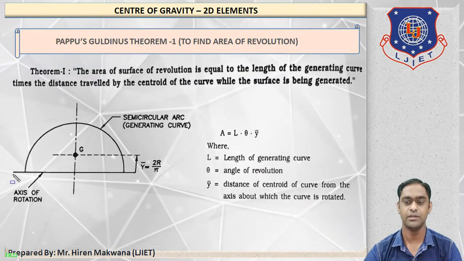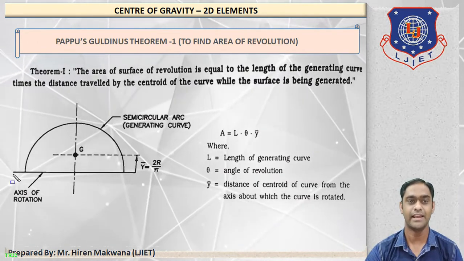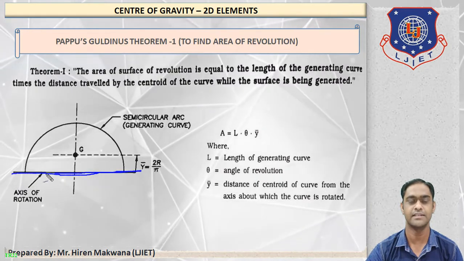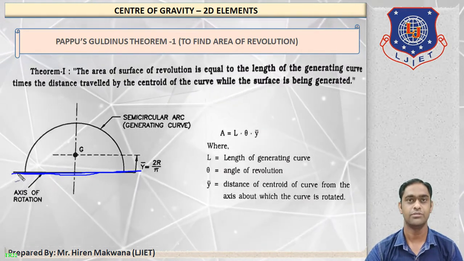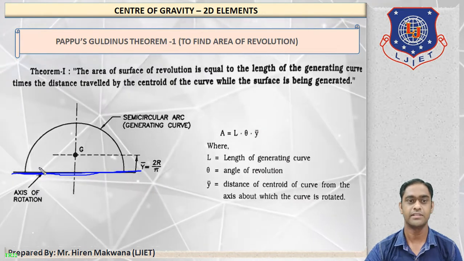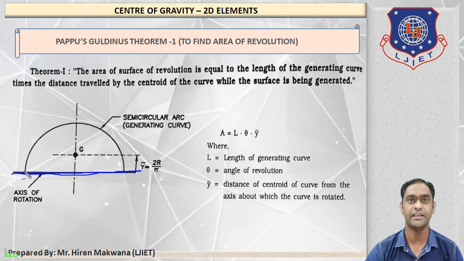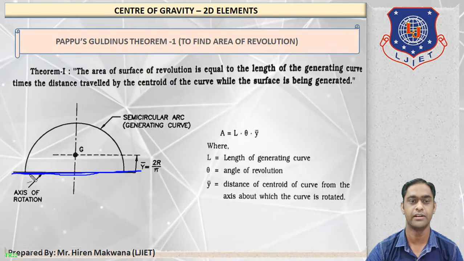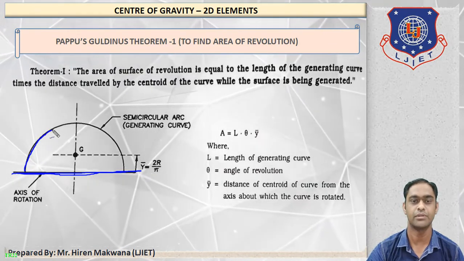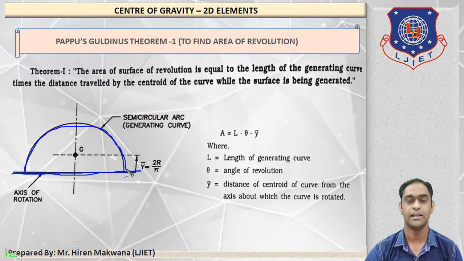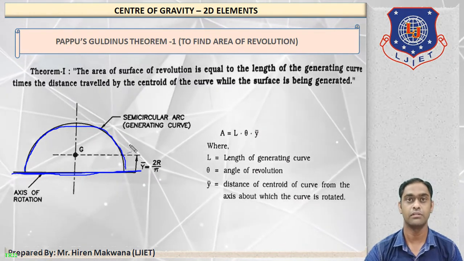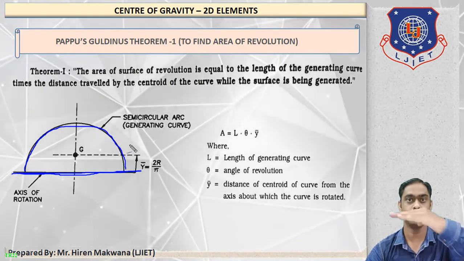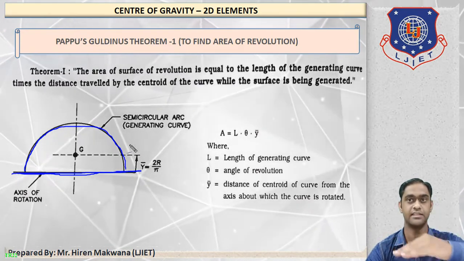Now you can see over here there is an axis of rotation. This axis is horizontal. Now just think, on this axis, if I am taking a semicircular arc as shown in the figure, this is the semicircular arc. Now I want to revolve this semicircular arc about this axis up to 360 degree like this.